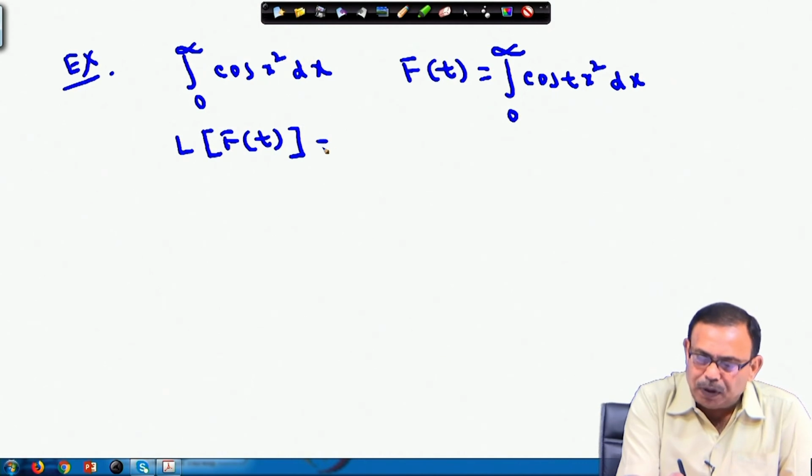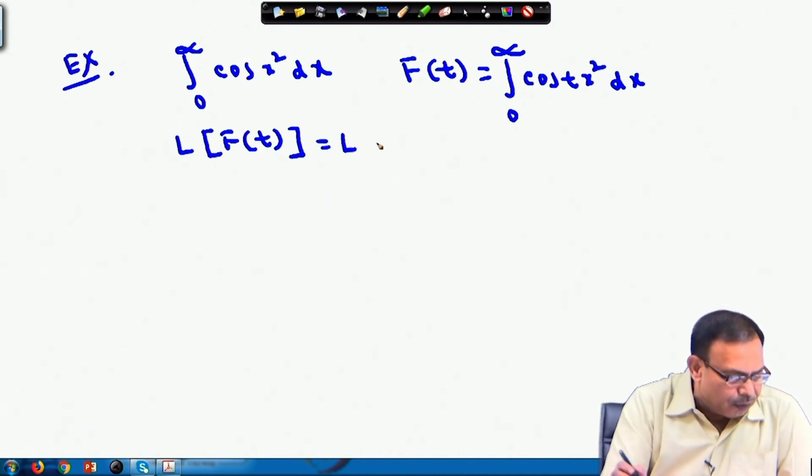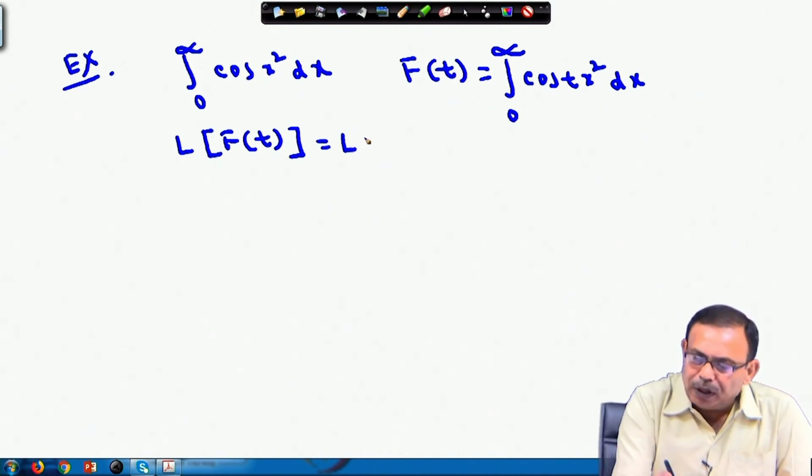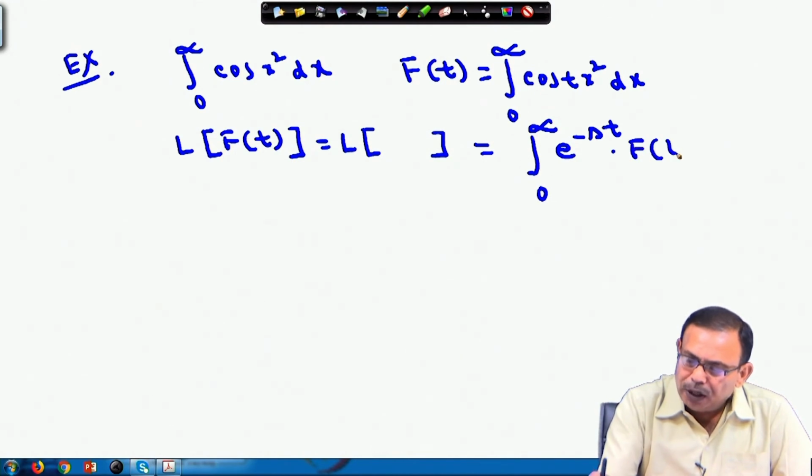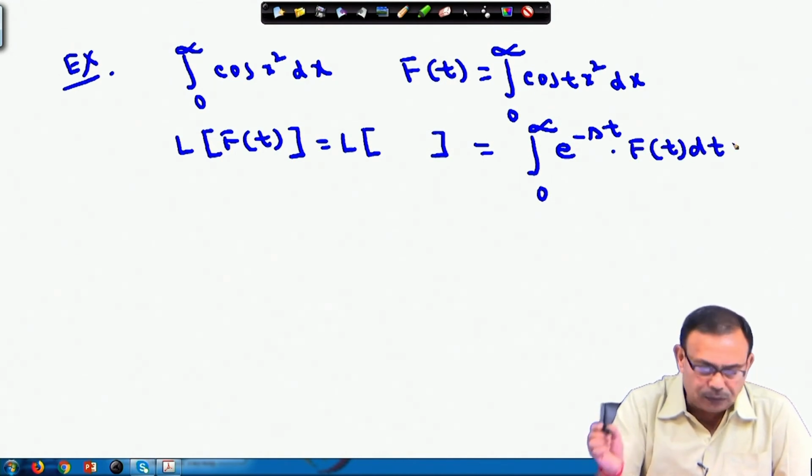So Laplace transform of f(t) equals this one. If I evaluate, I will obtain 0 to infinity e power minus s t into f(t) dt.